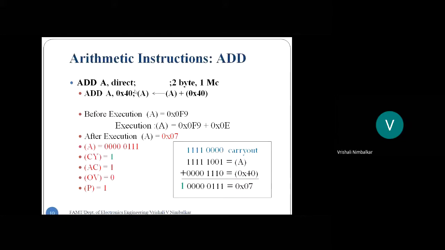Okay. Addition is signed as well as unsigned. If it is signed, then and then only consider the overflow flag. If it is BCD, consider the auxiliary. If it is unsigned, then the flags will be carry and parity. Okay. And a microcontroller performs all. It performs signed addition as well as unsigned addition.